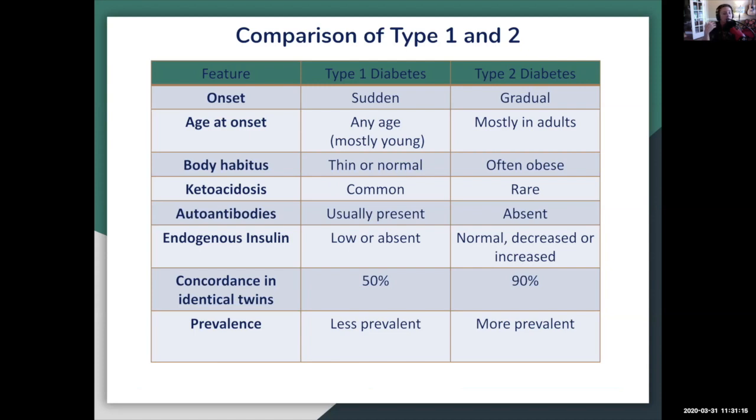Or their diabetes has advanced to the point where they've made insulin so hard for so many years, and the body just kind of starts to poop out. Interestingly, when we look at family studies and twin studies, like 90% of twins will end up having type 2 together. And clearly, this makes up the majority of our cases in diabetes among adults. It's more prevalent.